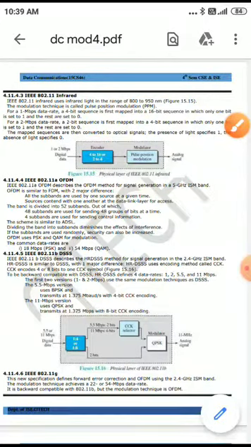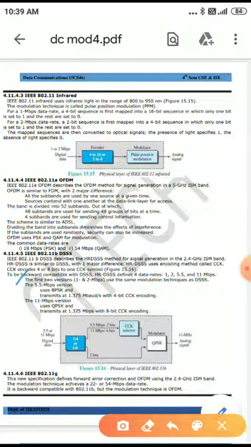Next, the first two versions, 1 and 2 Mbps, use the same modulation technique as DSSS.